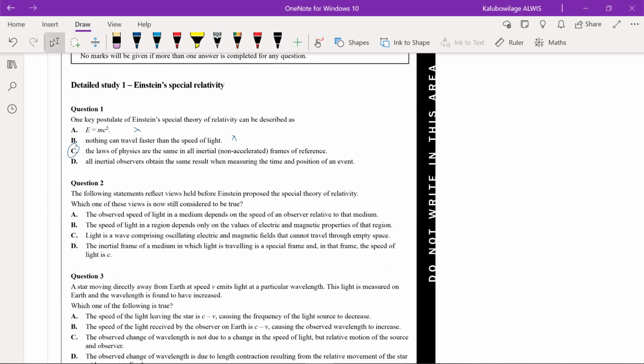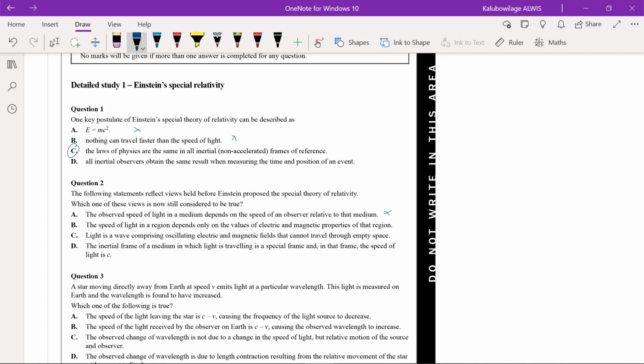The following statements reflect views held before Einstein proposed the special theory of relativity. Which one of these views is now still considered to be true? The observed speed of light in a medium depends on the speed of an observer relative to that medium. That's not true after Einstein. The speed of light in a region depends only on the values of the electric and magnetic properties of that region.